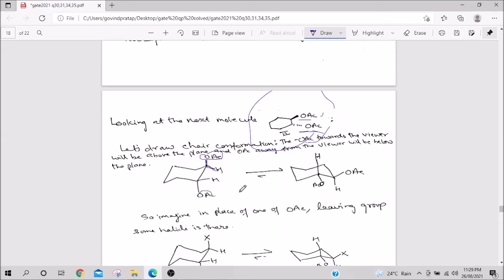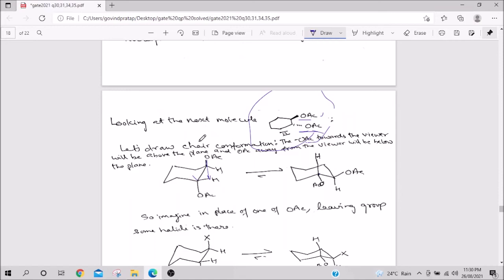and it will immediately flip towards the other form. So this flips, meaning this comes down, this goes up, and in that case what happens is, see here, when you are flipping, you are pushing this down. So when you are pushing it down, this comes here, and this one goes up, so this comes here.